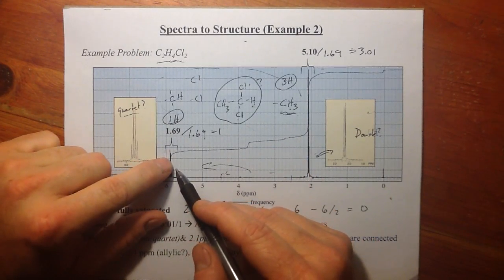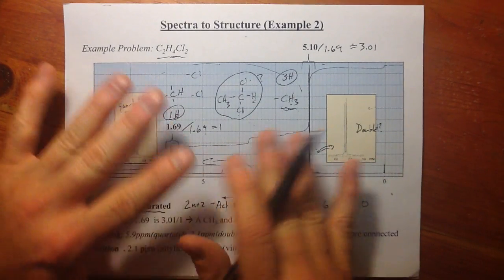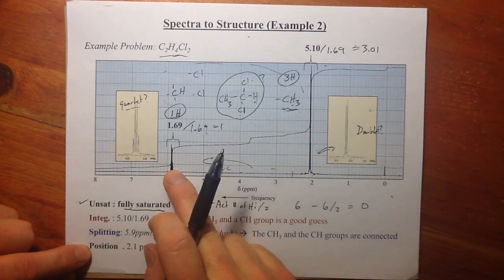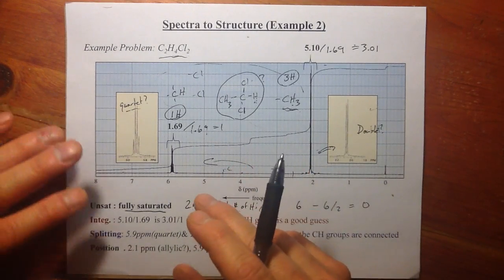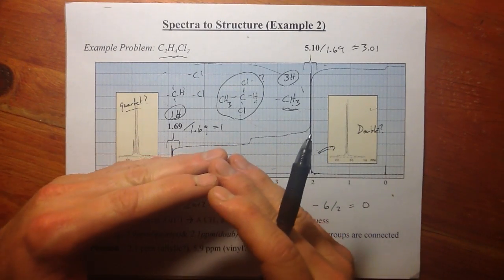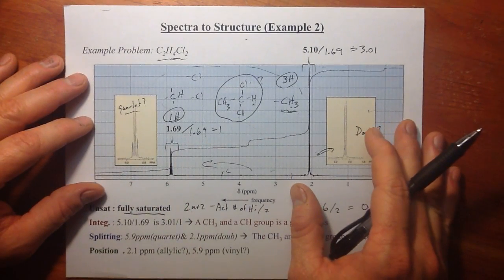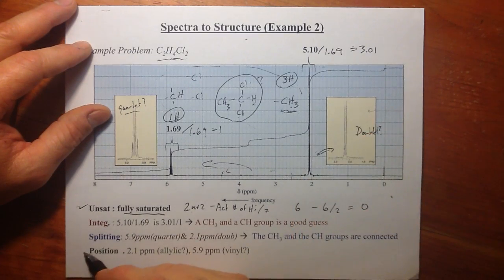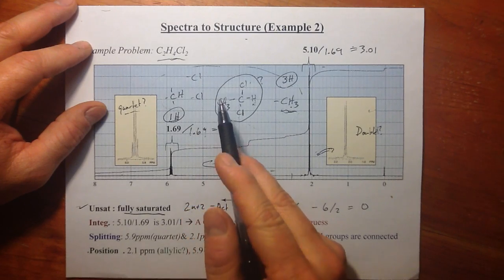So this certainly makes sense given that we have 2 chlorines. It's really important to point out with this slide, that's why we don't start off with position, because something can be out of position because of a combination of 2 different effects that cause it to be further downfield than what you might expect given some tables. So position is usually the last thing you consider going from spectra to structure.